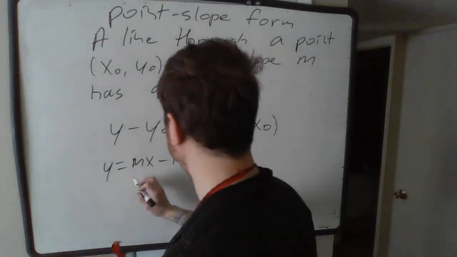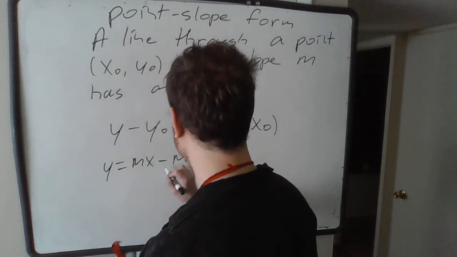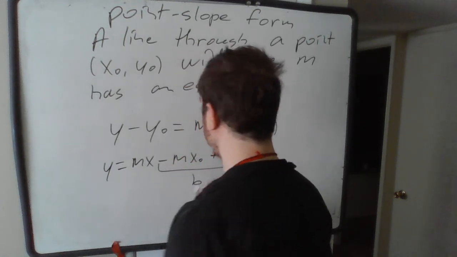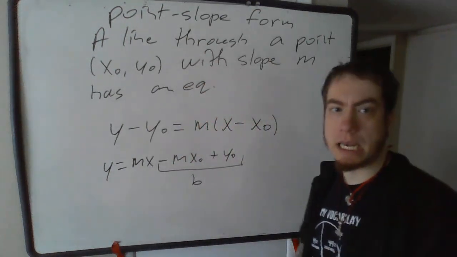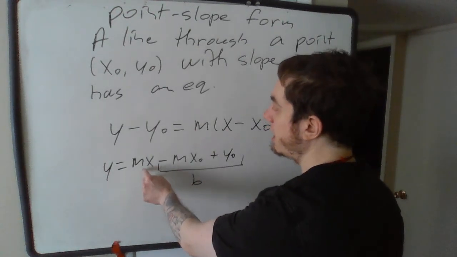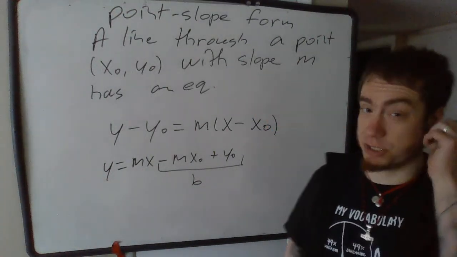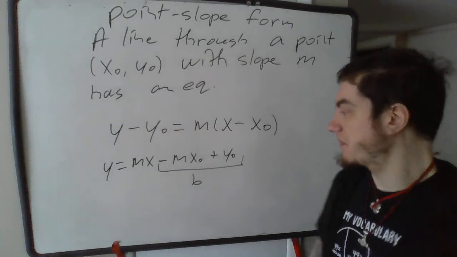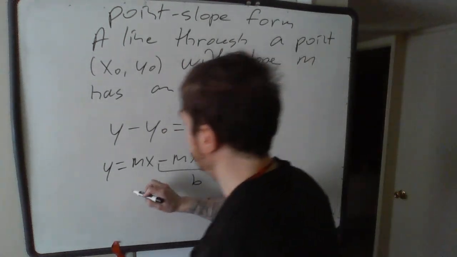And now I can see that if we let this whole thing over here be b, this is really in slope-intercept form, and we know that in slope-intercept form, the coefficient of x is just the slope. And so this is, in fact, the slope.